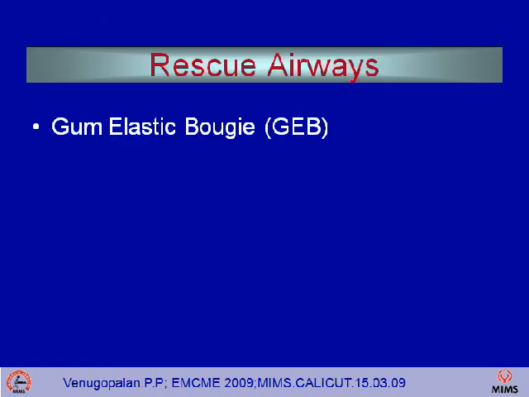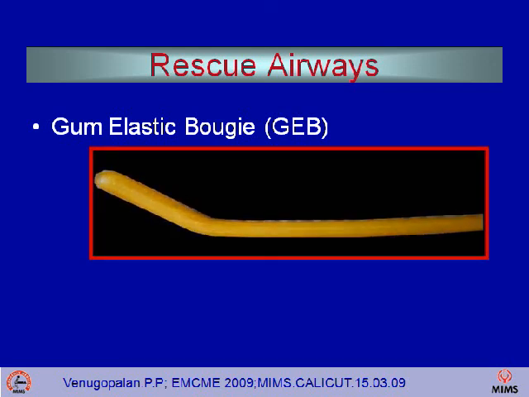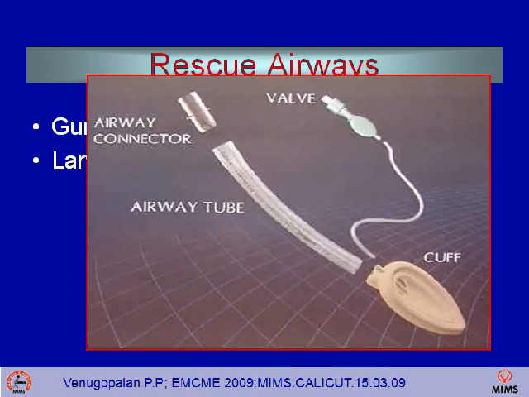Whenever you are managing a difficult airway, you should always be prepared with rescue airway equipment, which includes a gum elastic bougie. This is a very useful aid for difficult intubation. You should also have a rescue airway such as a laryngeal mask airway. Whenever you fail to intubate, the laryngeal mask airway will help by buying time to provide oxygen.